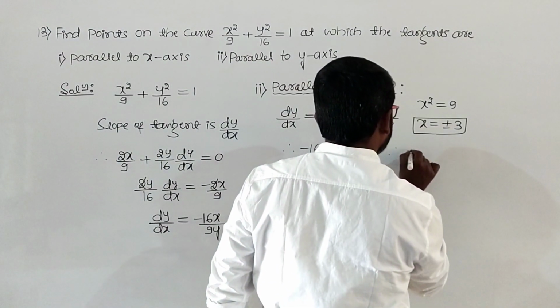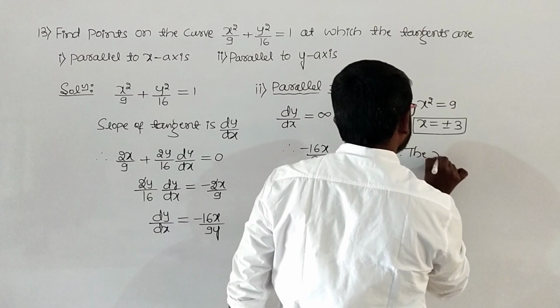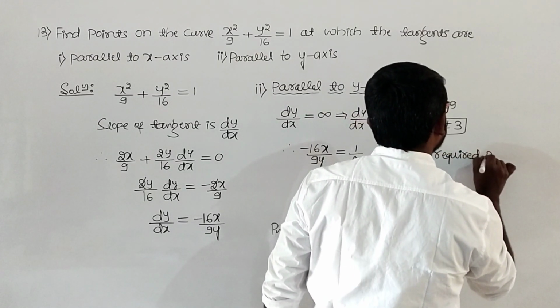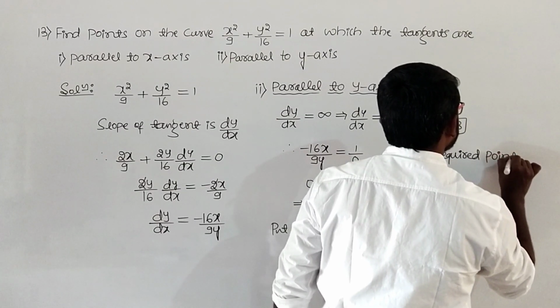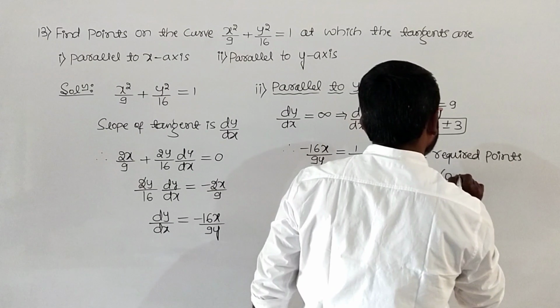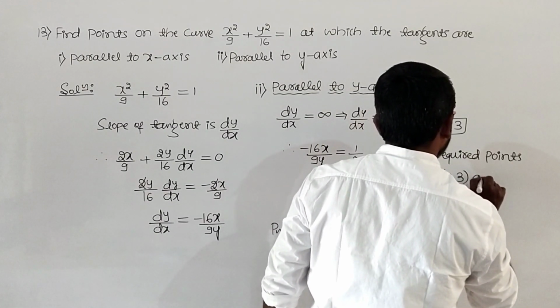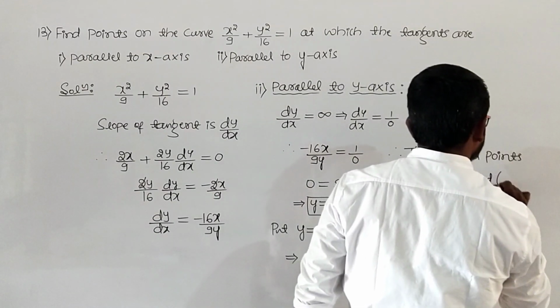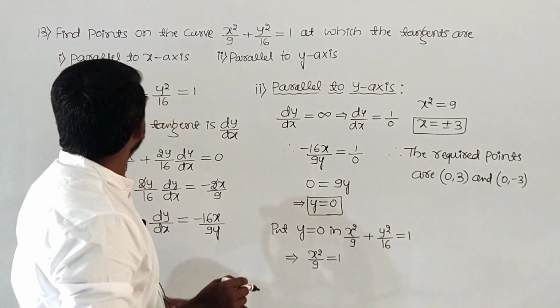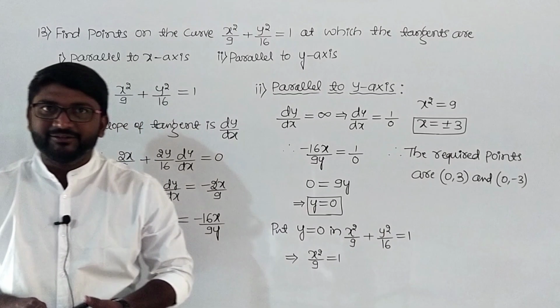Therefore the required points are 0 comma plus 3 and 0 comma minus 3. So this is all about the 13th problem. Write down this.